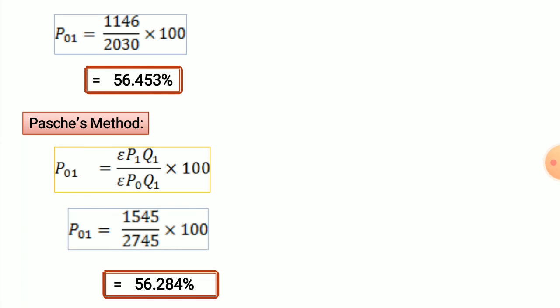So by substituting these values in the formula, we will get the indices according to this method. We will see the calculation of indices according to Fisher's ideal index method in my next session.